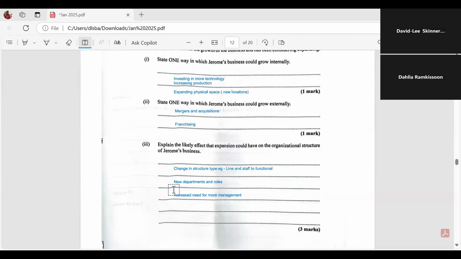So I talk about new departments, the organizational structure changing, and the need for new management. But I did it all via explaining. In this case, I just put the points so somebody could use them to create their own explanation. But that's how I would win the answer and get my 3 marks.